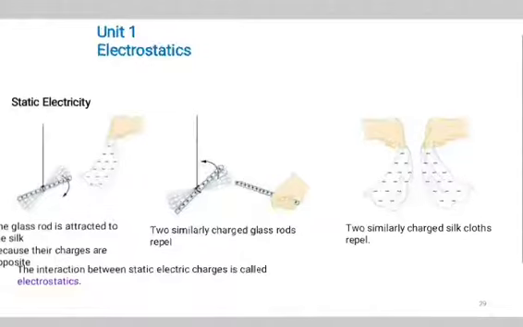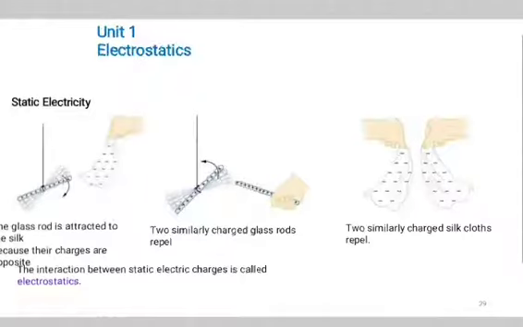In the second diagram, the two similarly charged glass rods repel each other, and in the third diagram also, two similarly charged silk cloths repel each other. That is, opposite charges attract each other.